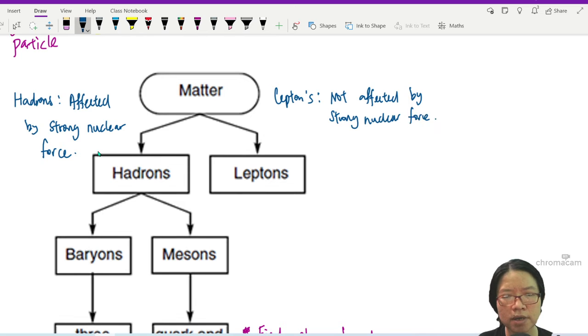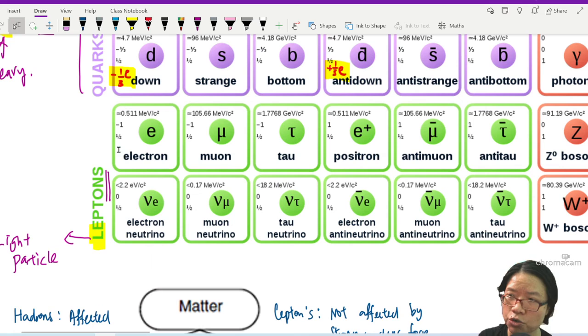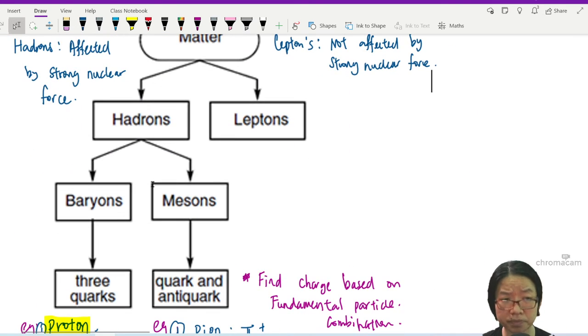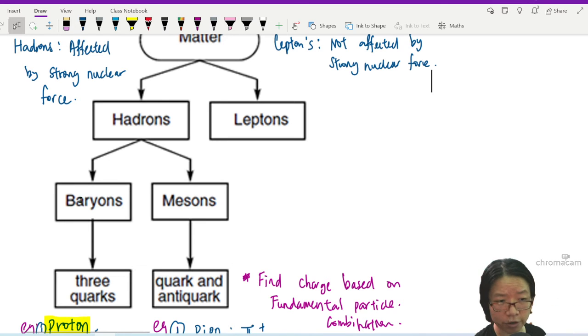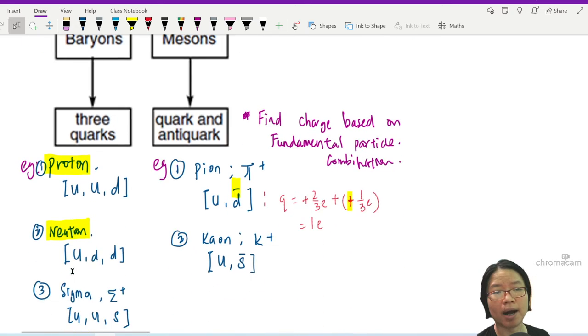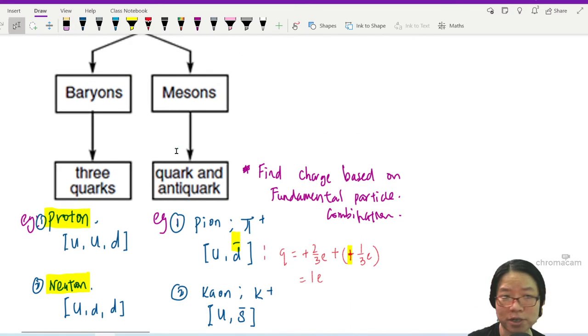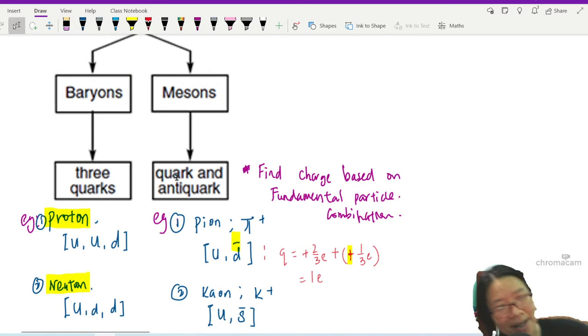All right. So for leptons, it's pretty straightforward. We're talking about all these green particles from electron to electron neutrino, muon, muon neutrino, tau, tau neutrino, and so forth. But for hadrons, we can further classify them into baryons. So what are baryons? Baryons have 3 quarks. And what are mesons? Mesons will have 1 quark and 1 anti-quark.